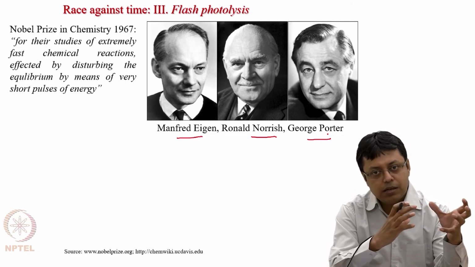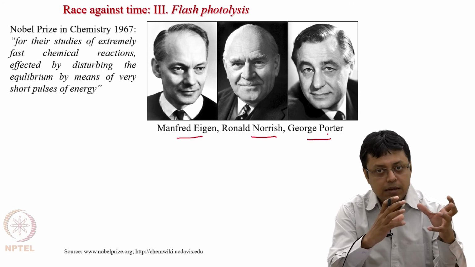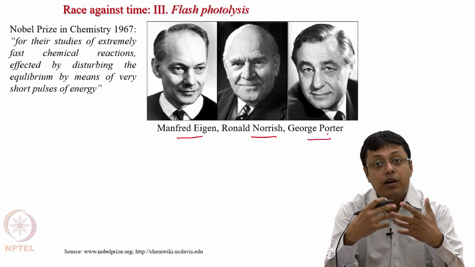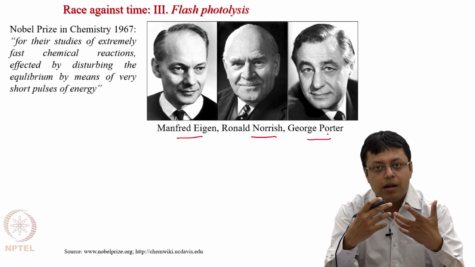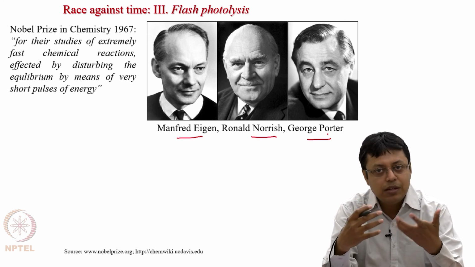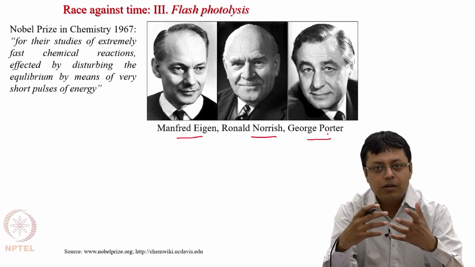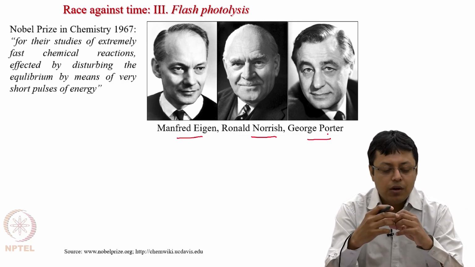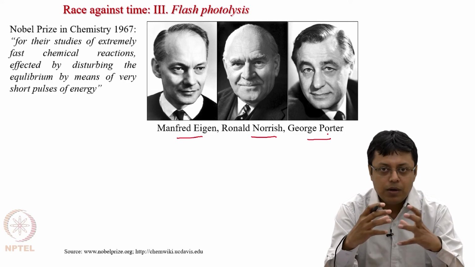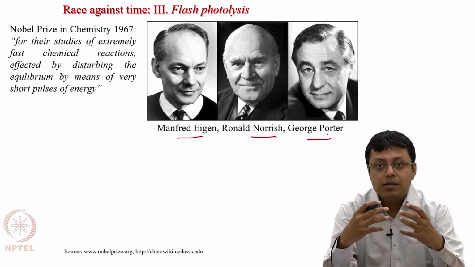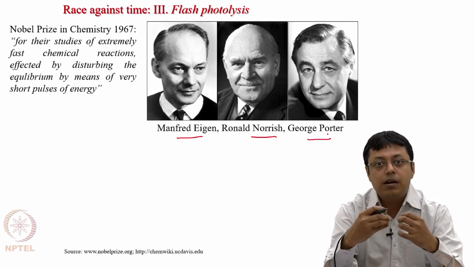Now, you can connect this to the earlier discussion of mixing. As I said, A and B are mixed together, and that mixing has to happen very quickly, because if the entire reaction happens during the course of mixing, then the stopped-flow or flow method doesn't work at all. Their point was that with this method you can study what are known as photochemical reactions that are triggered by light.